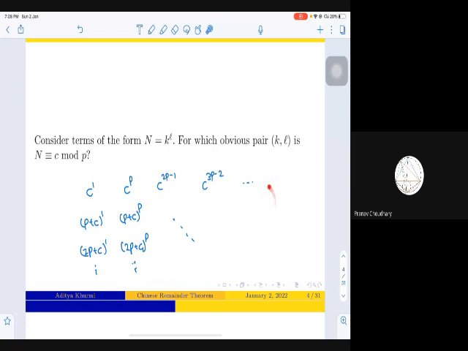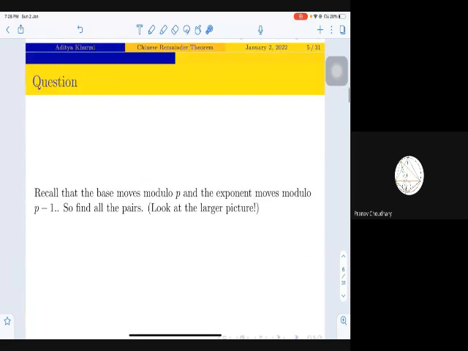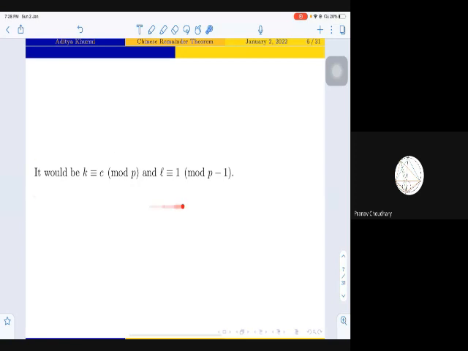So if you look at all the possible values, then you would have all these infinitely many possible values originating from this one common source. So one pair is c comma 1, and then you can basically find all the possible pairs. So any pair satisfying the base is congruent to c mod p and the exponent is congruent to 1 mod p minus 1, any such pair would give us a valid answer.